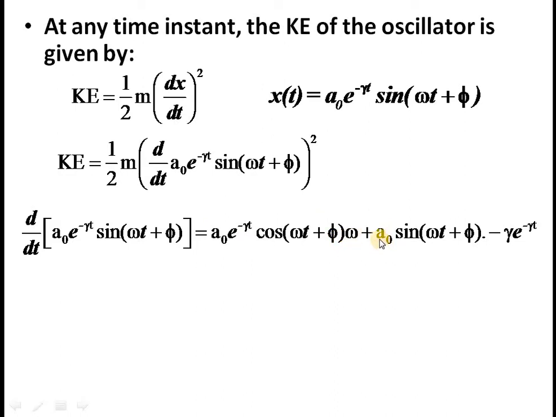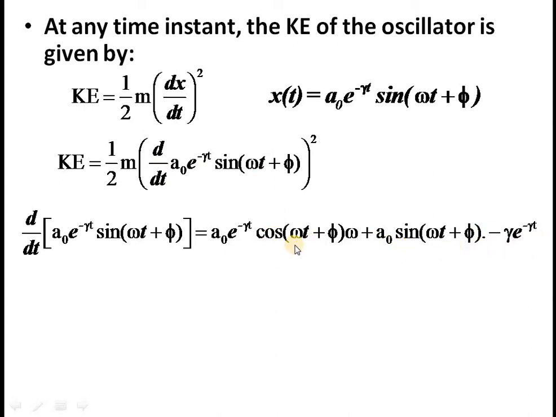Next term: keep sine omega t constant, and differentiate e raised to minus gamma t, which gives minus gamma e raised to minus gamma t. So we got the expression for velocity.